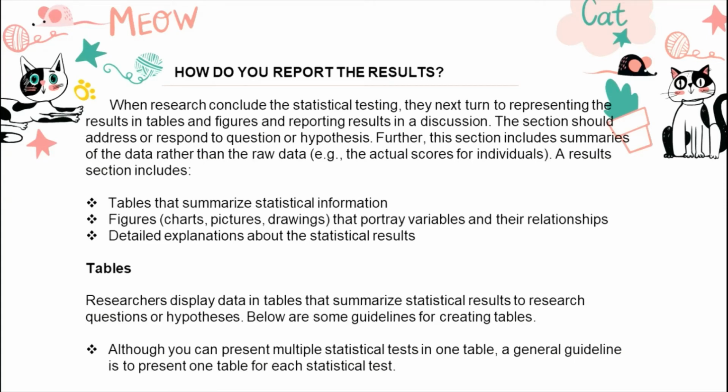When researchers conclude the statistical testing, they next turn to reporting the results in tables and figures and reporting results in a discussion. The section should address or respond to the questions or hypotheses. Further, this section includes summaries of the data rather than the raw data.